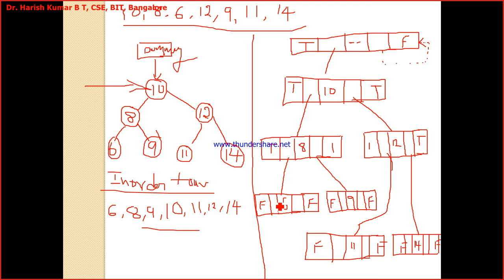Now this is a null pointer. Now I have to convert it into a thread. For 6, what is there before 6? Because it is the left link, there is nothing. Now from here I should create a thread to where? The dummy node.